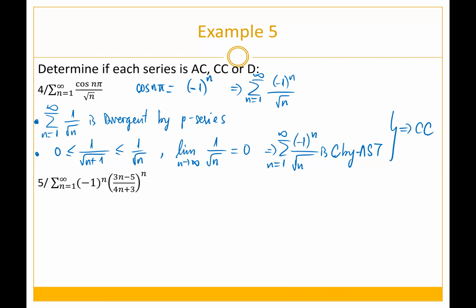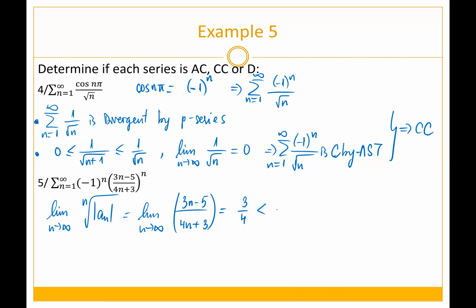Now the last one, again another alternating series, but we have the nth root, so we can use the root test. The limit as n approaches infinity of the nth root of the absolute value of a_n is the limit as n approaches infinity of (3n minus 5) over (4n plus 3). The nth root cancels the power n, and as n approaches infinity this is clearly 3 over 4, smaller than 1.